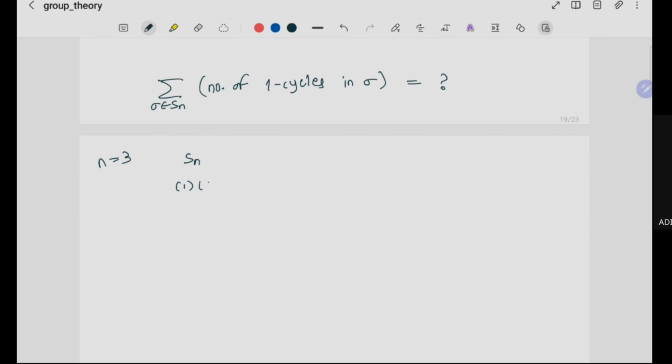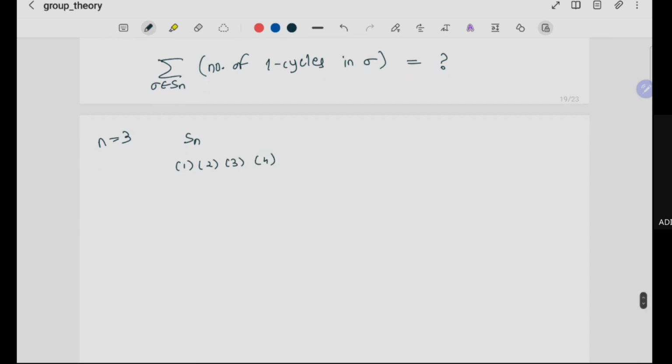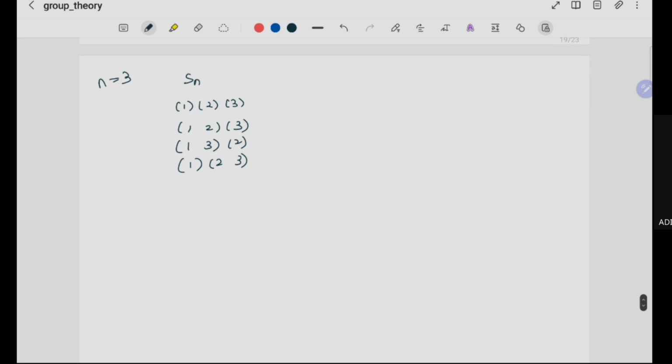First is the identity, which fixes every element. Then, 1 going to 2, 3 fixed. 1 going to 3, 2 fixed. 1 fixed, 2 going to 3. So these are 4 elements, and the rest are the cycles: 1 going to 2 going to 3, and the other one.